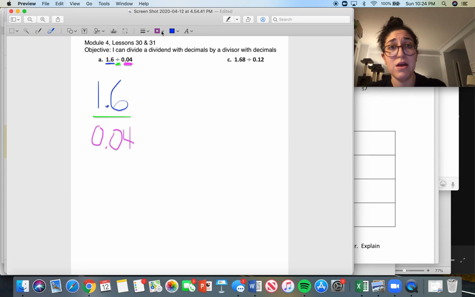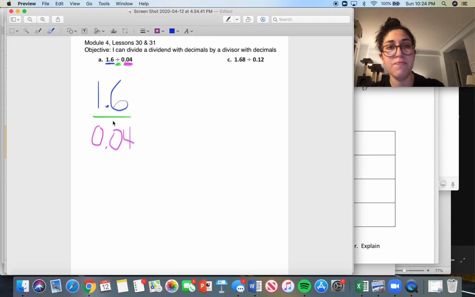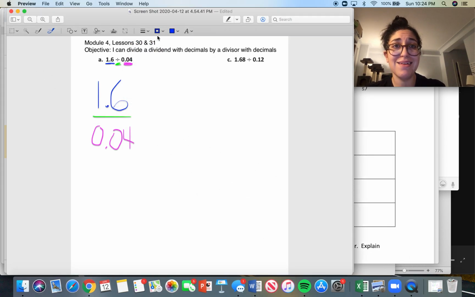Now, the next thing that I did here in the original is I multiplied it by 1 by multiplying it by 10 over 10. So again here, I want to multiply it by a whole, by 1.